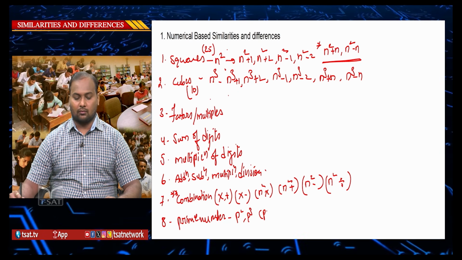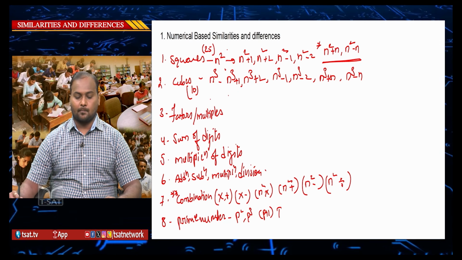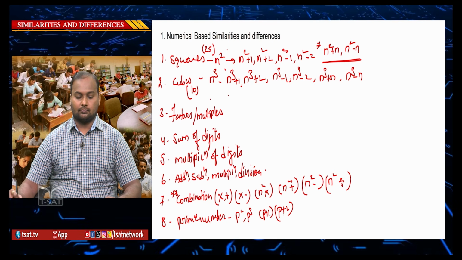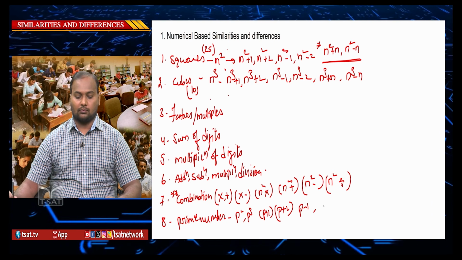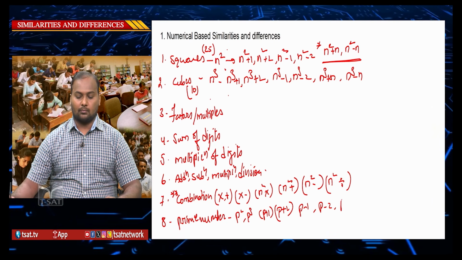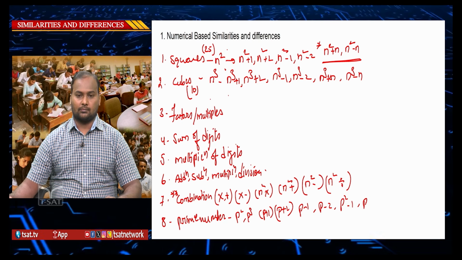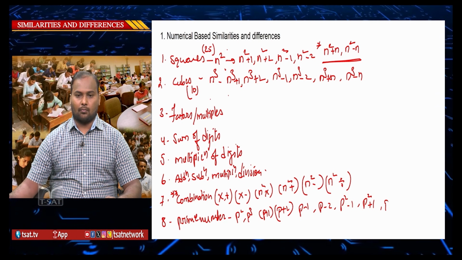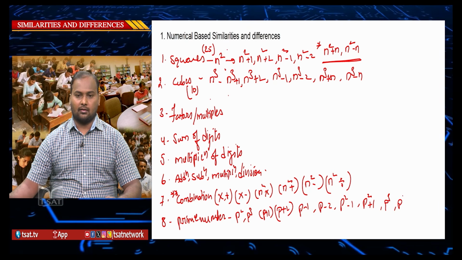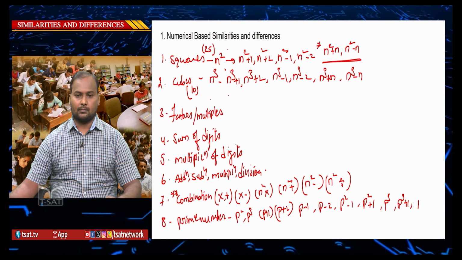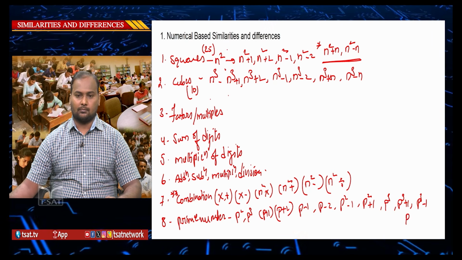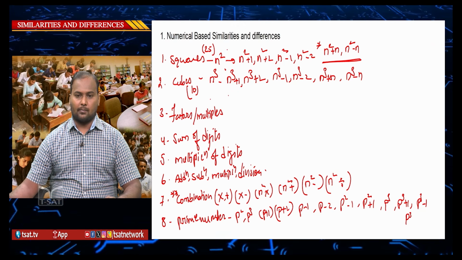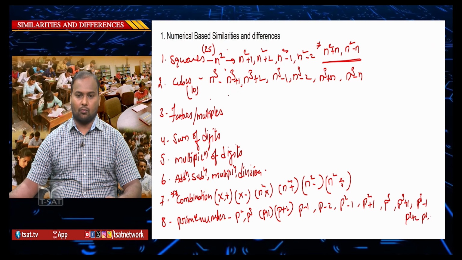For example, the options will be like prime plus 1, prime plus 2 or prime minus 1, prime minus 2, prime square minus 1, prime square plus 1, prime cubes, already said, prime cube plus 1, prime cube minus 1, prime cube plus 2, prime cube minus 2.